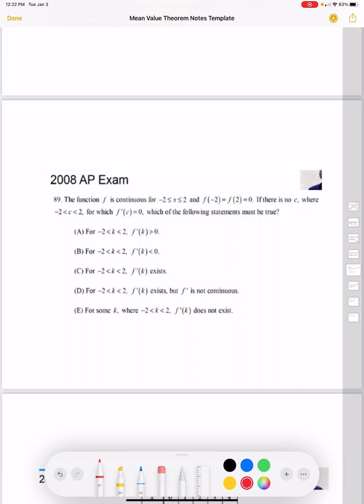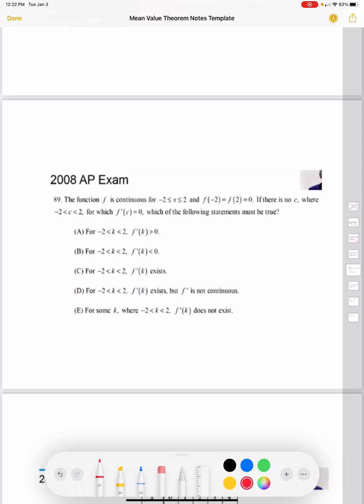The function f is continuous on the closed interval from negative 2 to 2, and f of negative 2 equals f of 2 equals 0. If there is no c where f prime of c equals 0, which of the following statements must be true?